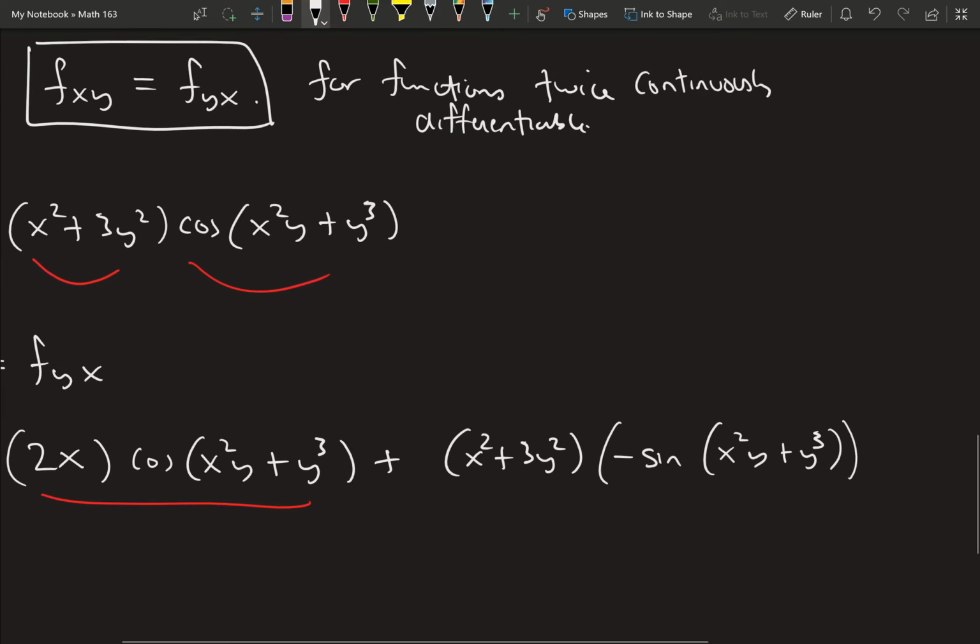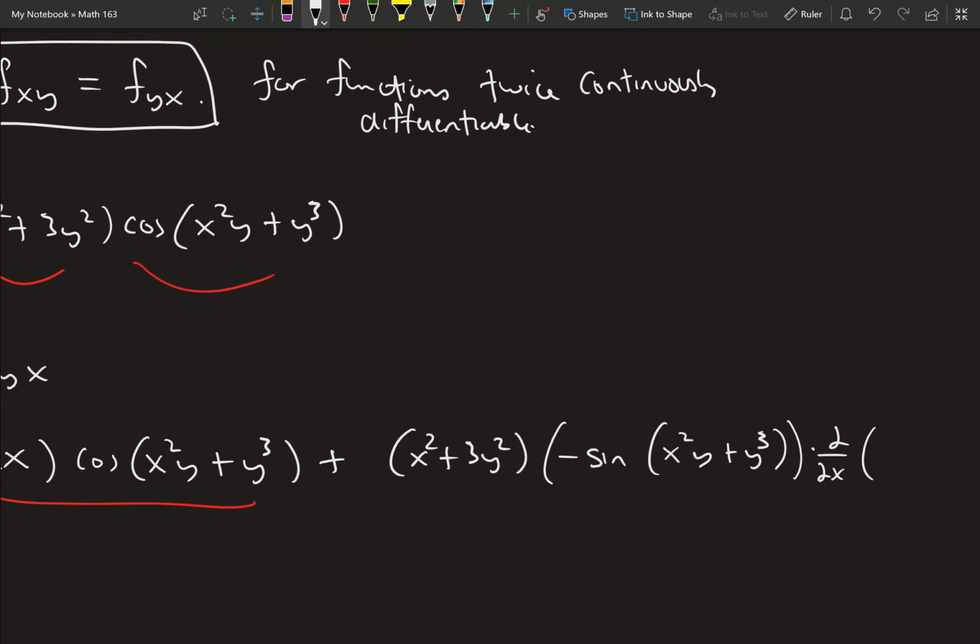times chain rule, the derivative of the inside, times, I'll write this explicitly, d by dx of x squared y plus y cubed.